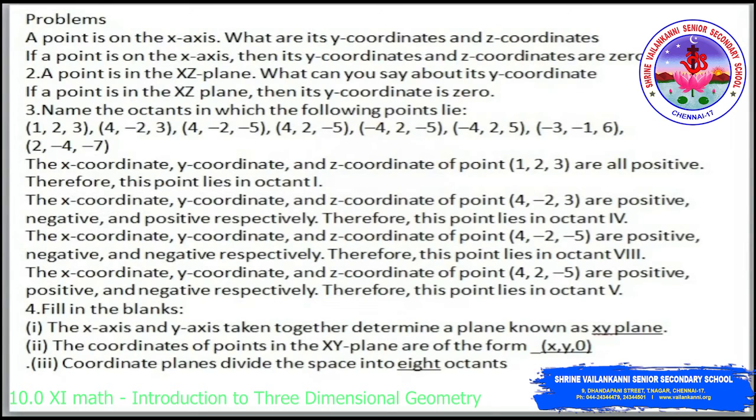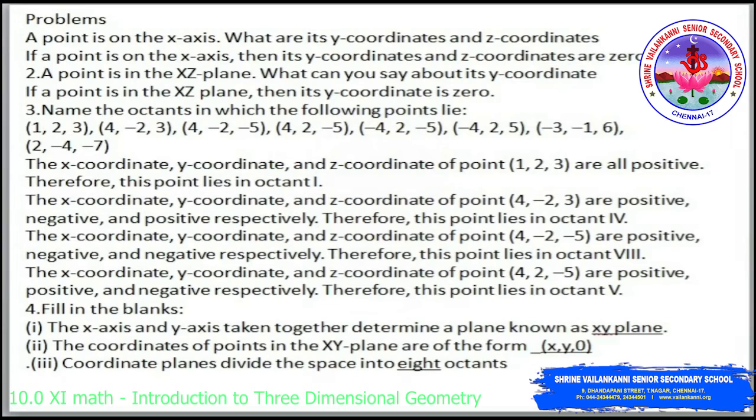The second is (4, -2, 3). Here x and z coordinates are positive and y is negative. Therefore, (4, -2, 3) lies in the fourth octant, in which x and z are positive, y is negative.